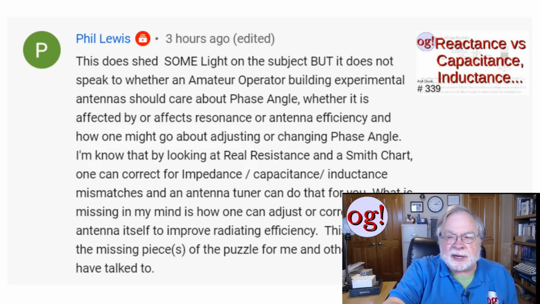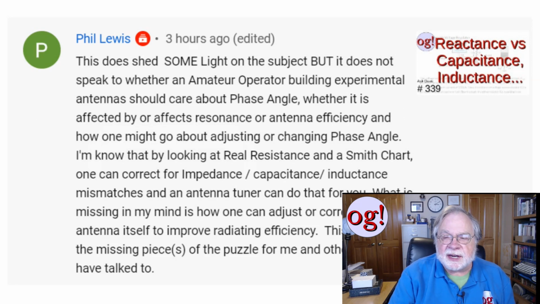So if you're measuring at a certain frequency, it will tell you not only the resistance, but also the capacitance or inductance. Usually, if you make the antenna reasonably in tune, like 1.6 to 1 SWR, which is pretty good for an antenna that isn't otherwise compensated, then you can tweak all that out with the antenna tuner and you're fine.